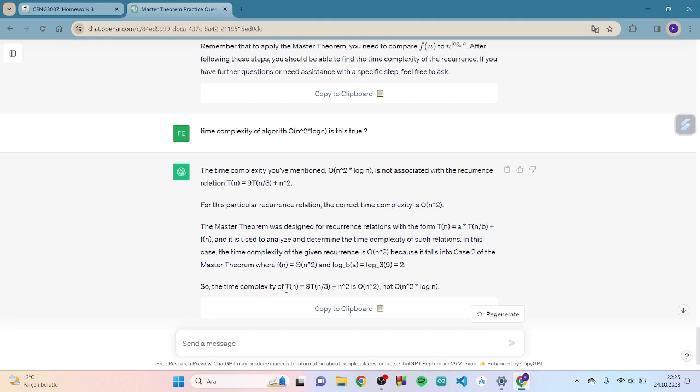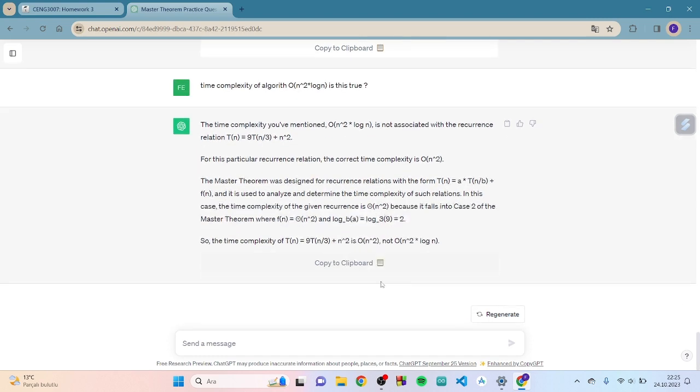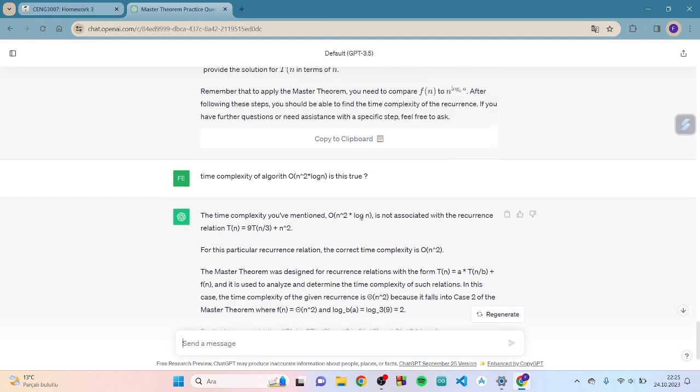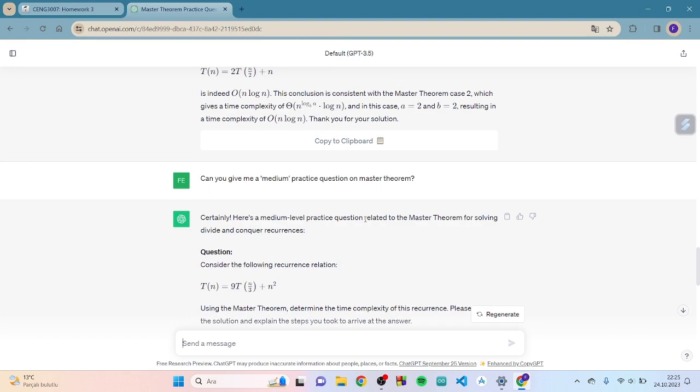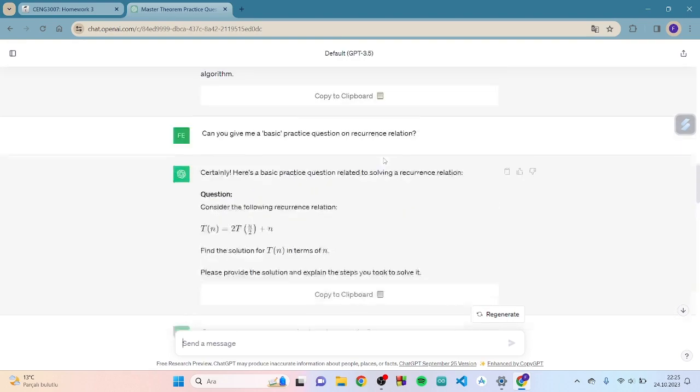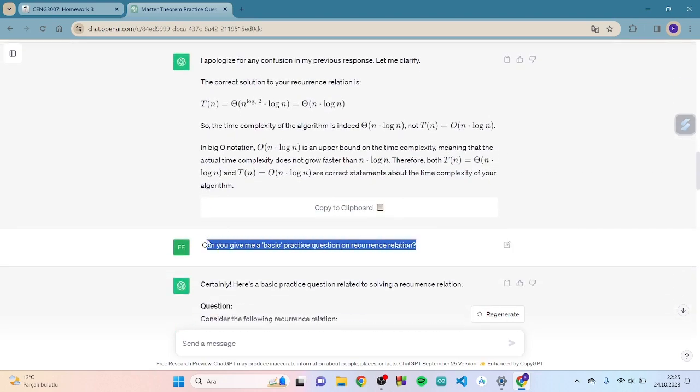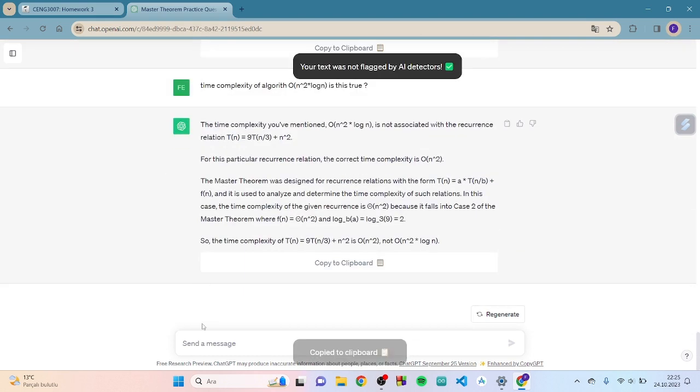So the time complexity of this one is O(n) square. Okay, I understand. Now I ask, can you give me a medium practice question on recurrence relation?